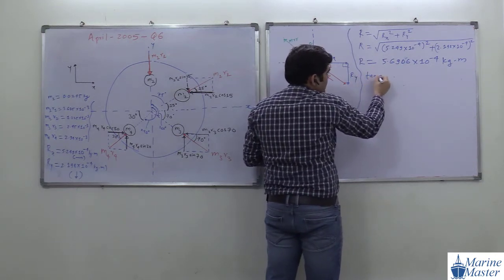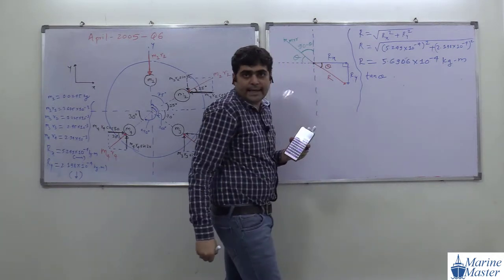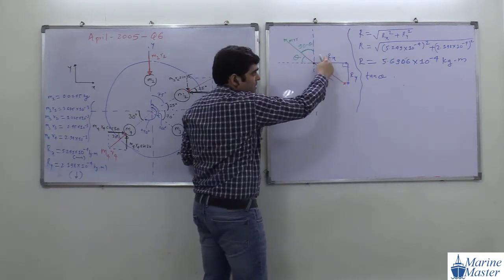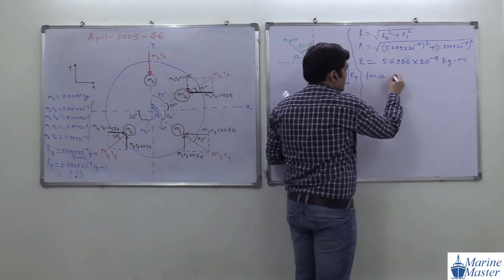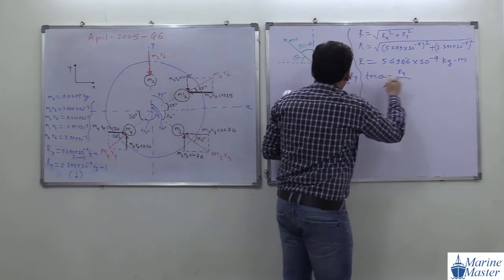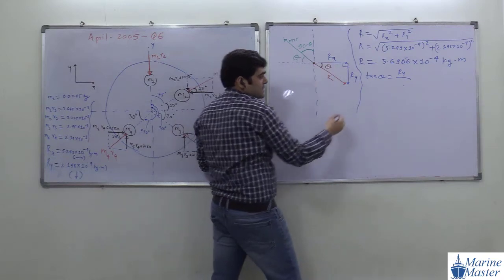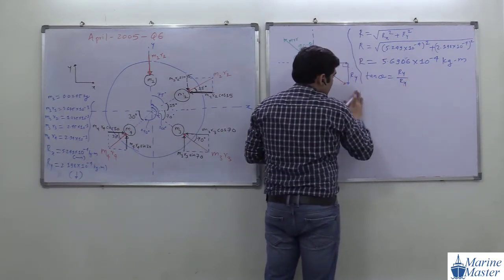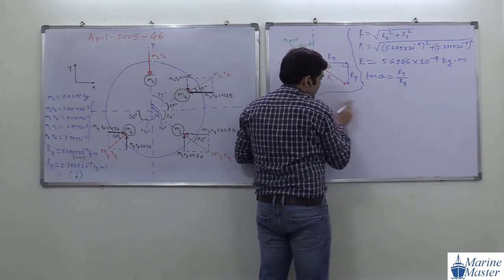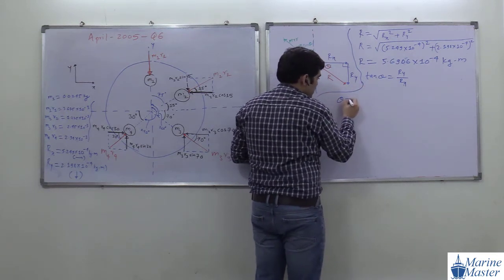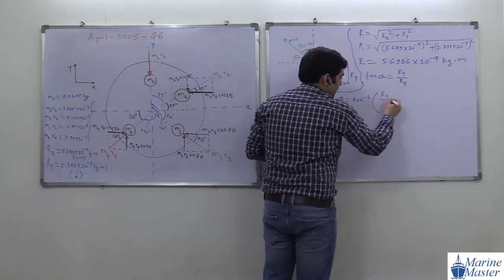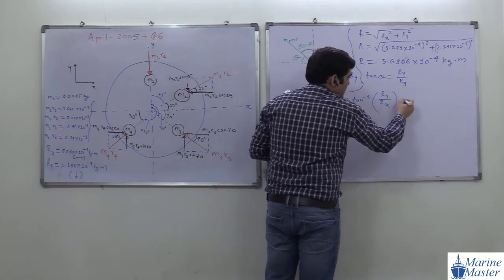Then we need tan theta. And how to get tan theta? Opposite by adjacent. Opposite is Ry, adjacent is Rx. So theta will be equal to tan inverse of Ry by Rx.